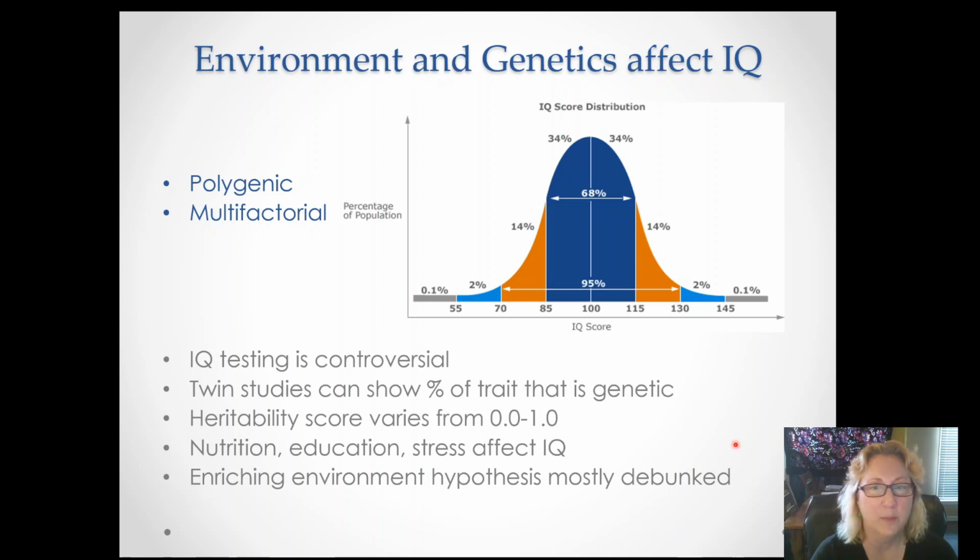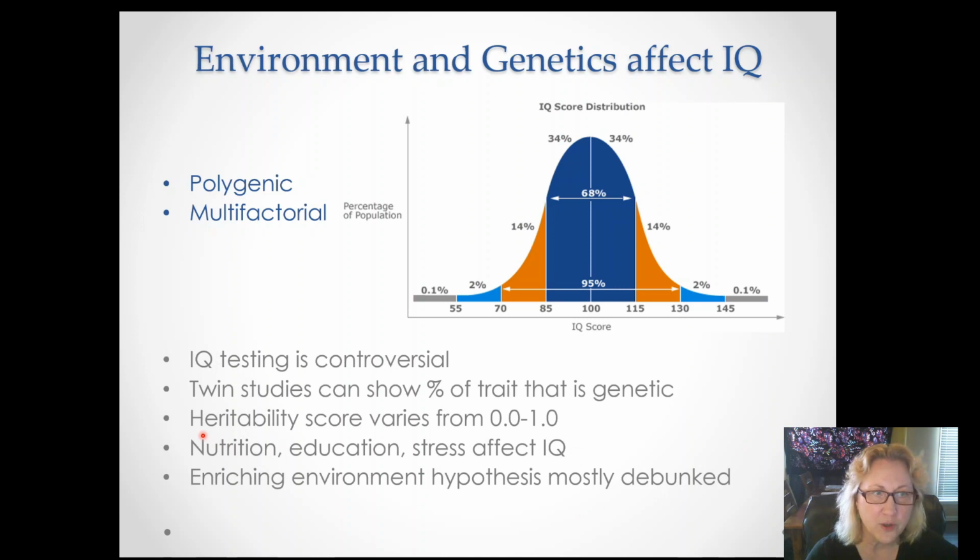I put in our playlist a video that explains this very well, how we use twin studies to tell whether something has an environmental as well as a genetic component by studying twins, identical twins versus fraternal twins, identical twins versus siblings in the same family that are not twins, and how that can tell us whether something has an environmental component and how much of an environmental component there is.